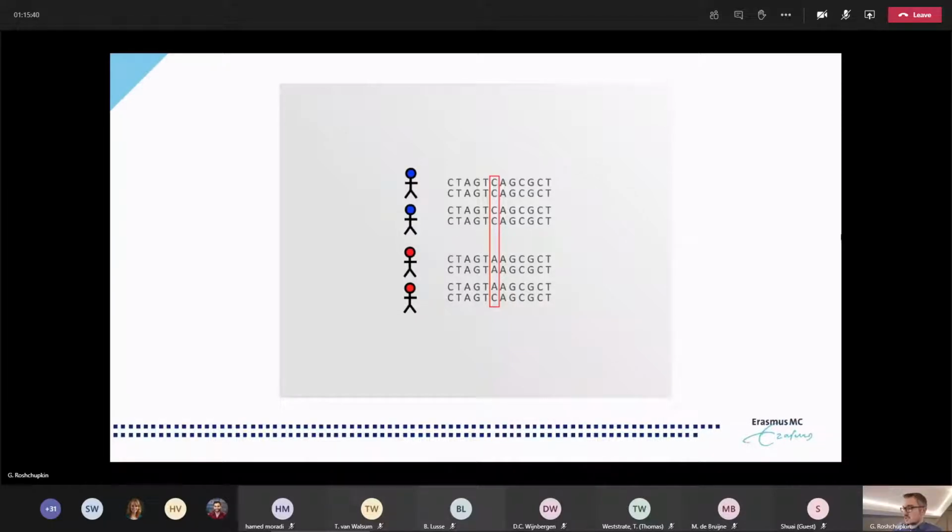Then you can see, in the example, that the highlighted red one differs between the two groups. So this particular mutation might be related to a risk for developing Alzheimer's disease. Then you check all these millions of letters, make a picture of the mutations on your DNA, and link it to functions of the genes and what's going on in your cell.